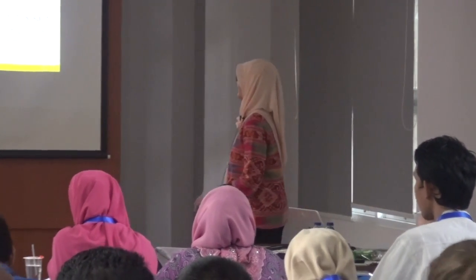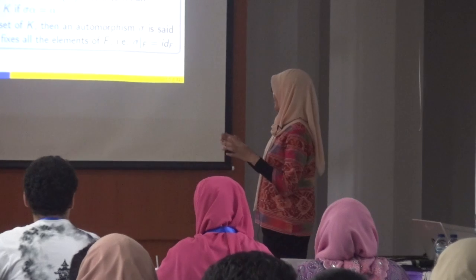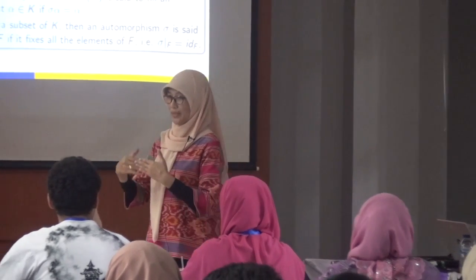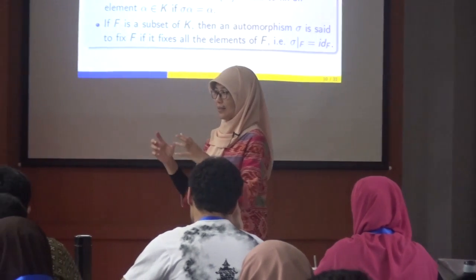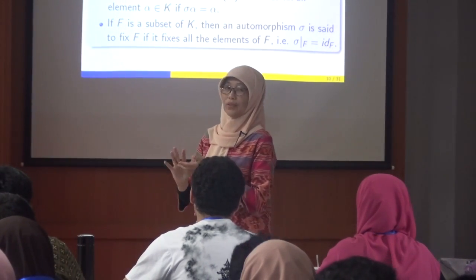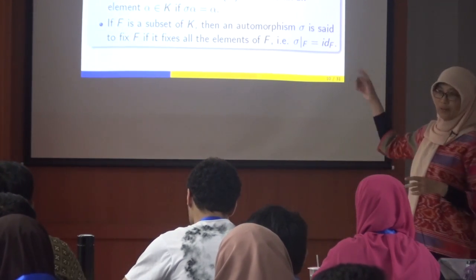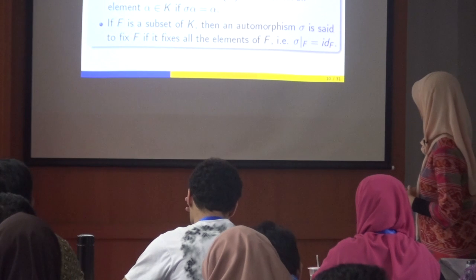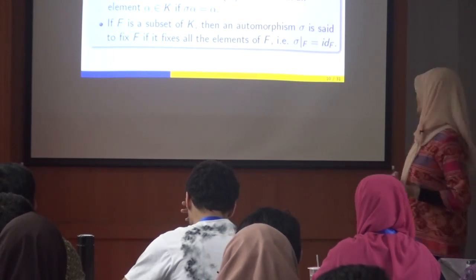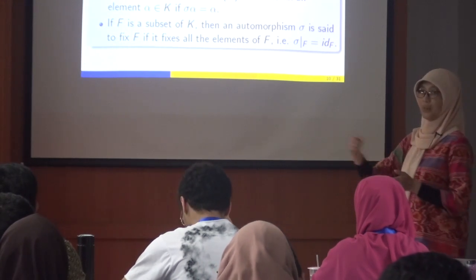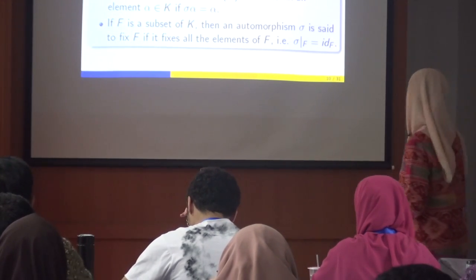Okay, now we come to the definition of an automorphism of K. K is a field, and we can make a homomorphism or linear transformation in this case, but we only consider the isomorphism on K. So we call it an automorphism of K, denoted by Aut K. An automorphism sigma in Aut K is said to fix an element alpha in K if the image is equal to alpha itself.